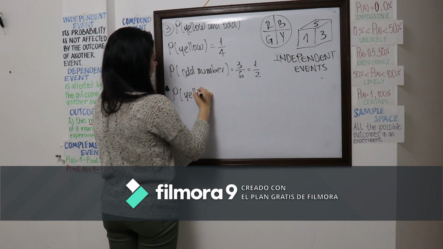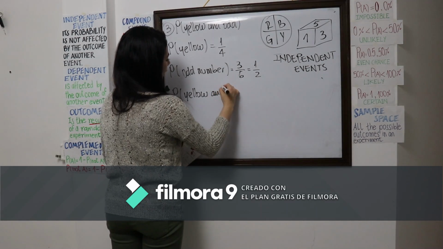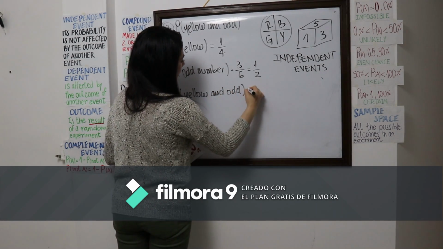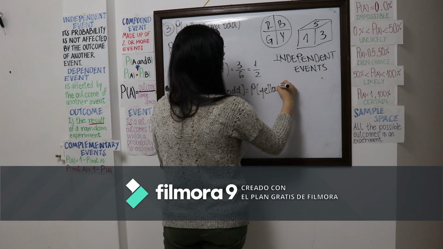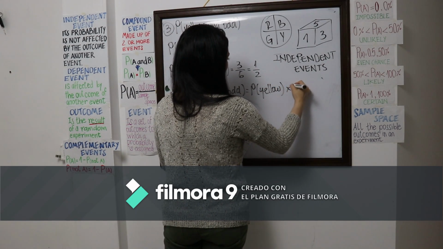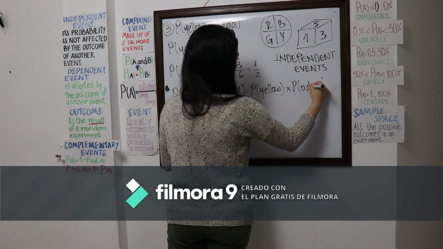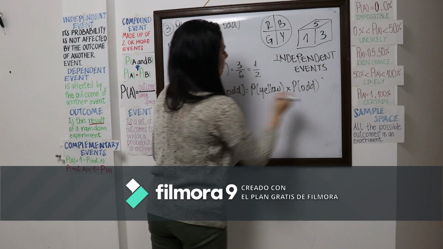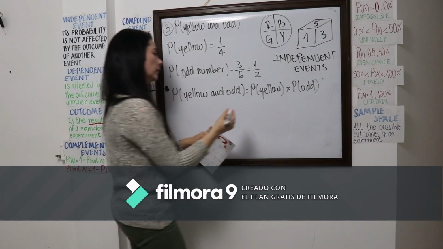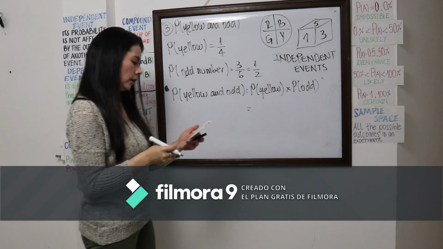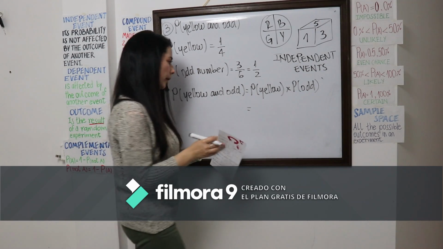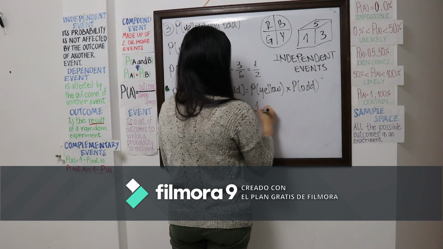So I know the probability of yellow and an odd number is going to be multiplying those 2 probabilities that I got separately, right? And then we're going to get the probability of yellow. There we go. It's going to be 1/4.